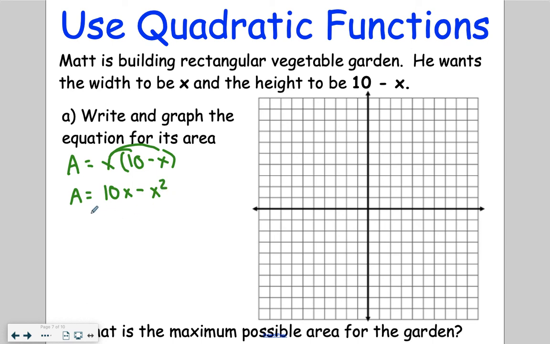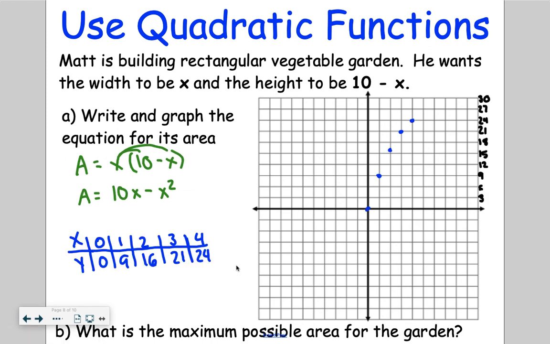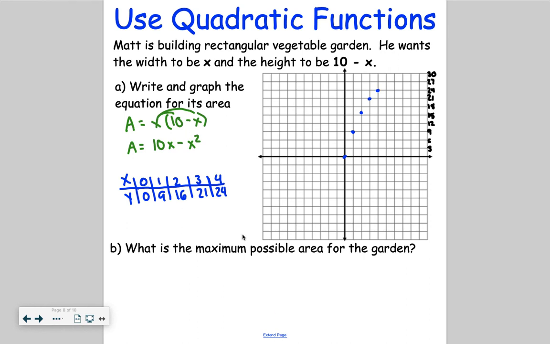I want you to go ahead and make the table starting at 0 and then graph it on your own. So when we do that, we're going to end up with that blue table, and then we've got our blue graphed points so far. I counted by 3s. If you counted by something else, your graph might look a little different at this point. Now our job is going to be to find the maximum area of the garden.